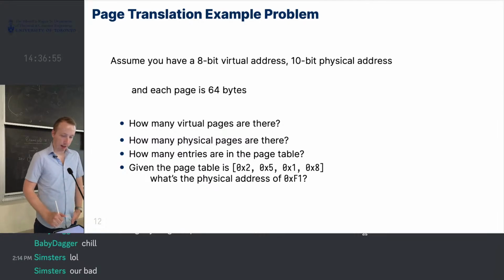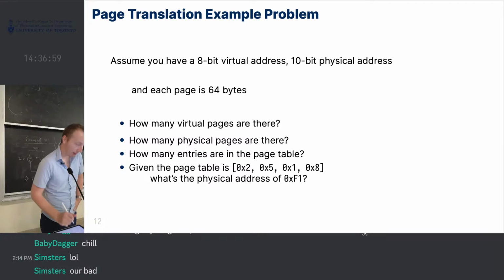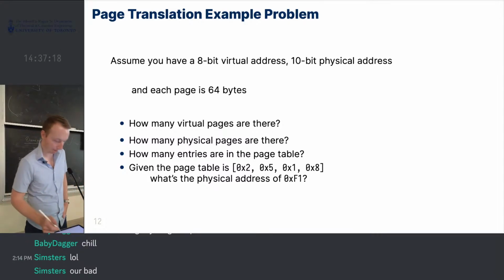So let's go through a fun example. For these questions, you'll always be given how big virtual addresses are, how big physical addresses are, and then how big a page is. And if it doesn't say how big a page is, your answer should just be 4096. That's the default page size of anything.